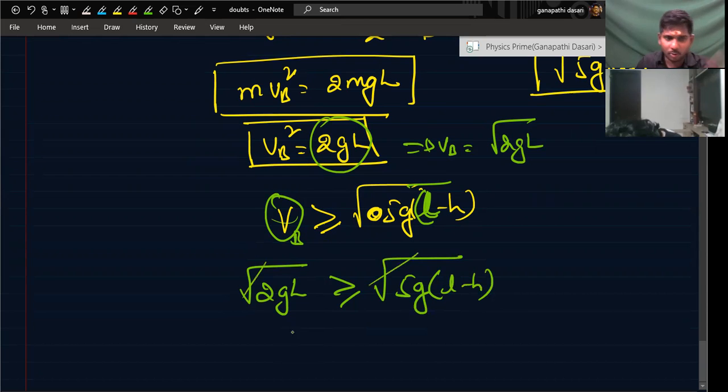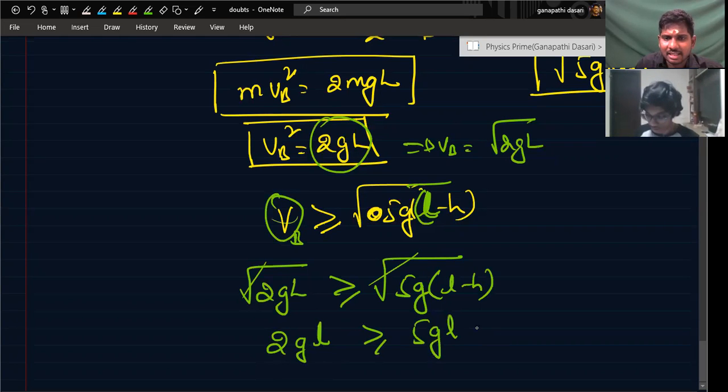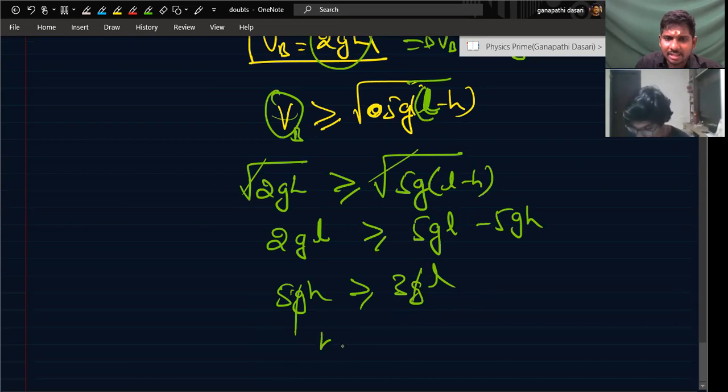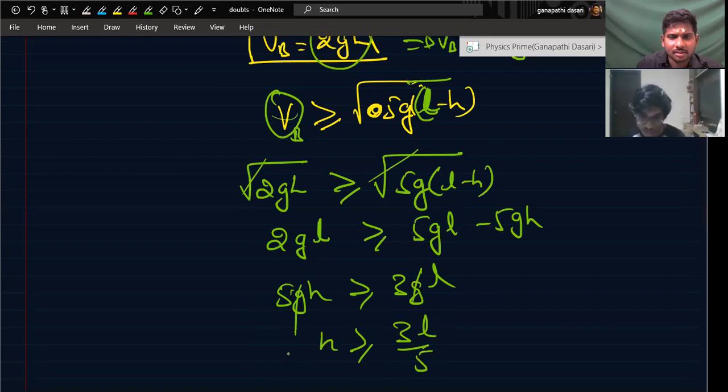So 2gl is greater than or equal to 5gl minus 5gh. Bringing 5gh to the left side and 2gl to the right side, 5gh should be greater than or equal to 3gl. Then g cancels. h should be greater than or equal to 3l by 5. This is the answer.